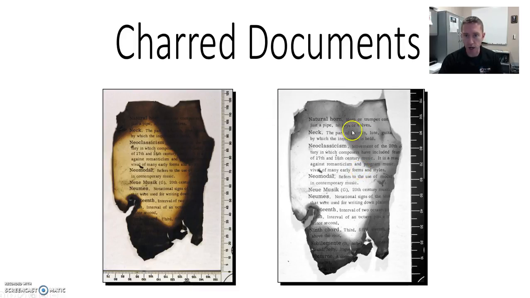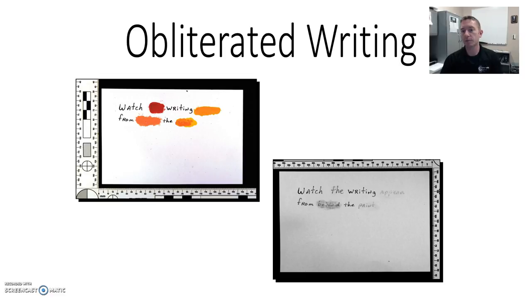You can still see the charring, but you can read the text much better than you can over here. Obliterated writing is something that is popular, especially when you start dealing with fraudulent checks and various kinds of frauds, where somebody can change something to something else, and certain inks, when used, can reflect the light better than other inks, and you actually end up being able to see what's behind the paint.